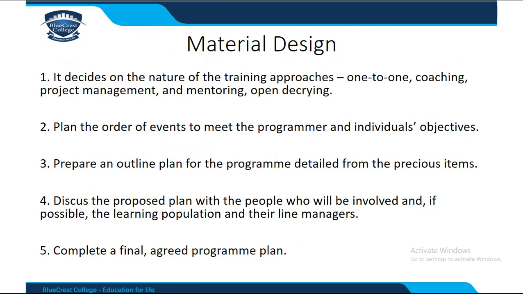Then we look at the material design. The material design decides on the nature of the training approaches. So you need to know if it's one-on-one you are doing, if you are coaching, if it's project management, if you are mentoring, or if it's open sourcing where you have open source documents. You just give a link and the people go to study.